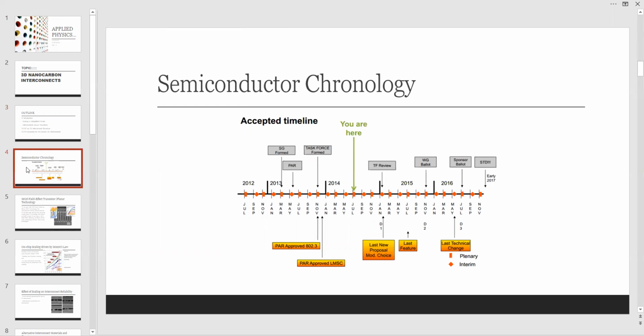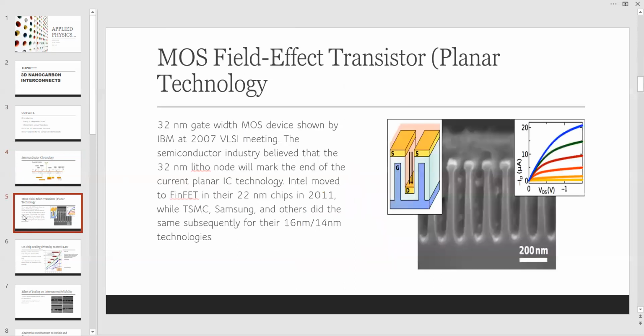This is semiconductor chronology. MOS field effect transistor planar technology. 32 nm gate MOS device shown by IBM at the 2007 VLSI meeting.